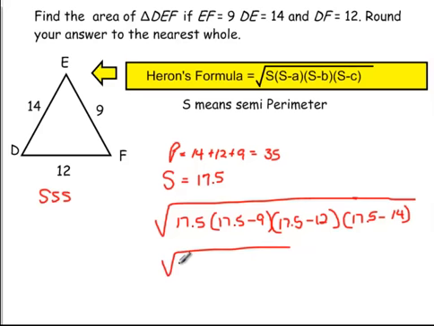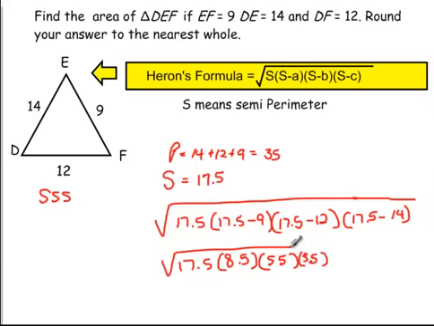Let's see, that's 17.5. 17.5 minus 9 is 8.5. 17.5 minus 12 is 5.5. And 17.5 minus 14 is 3.5.